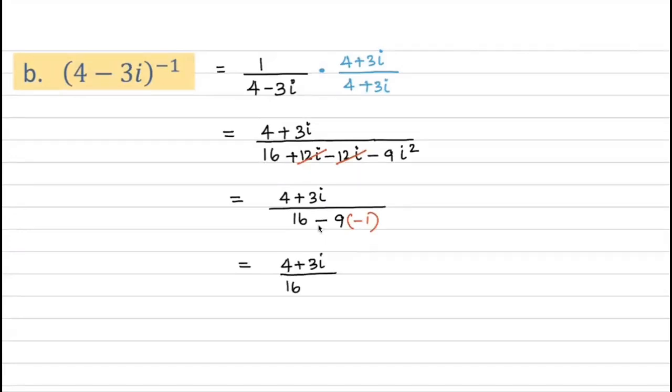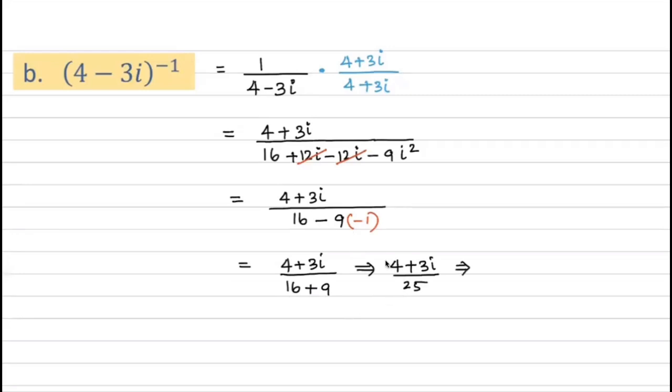And then we have -9 multiplied by -1. Negative times negative is positive. 9 times 1 is 9. So what I'm getting is 4 plus 3i over, in the denominator, how much is 16 plus 9? 25. 25, very good. Now let me write that in standard form.